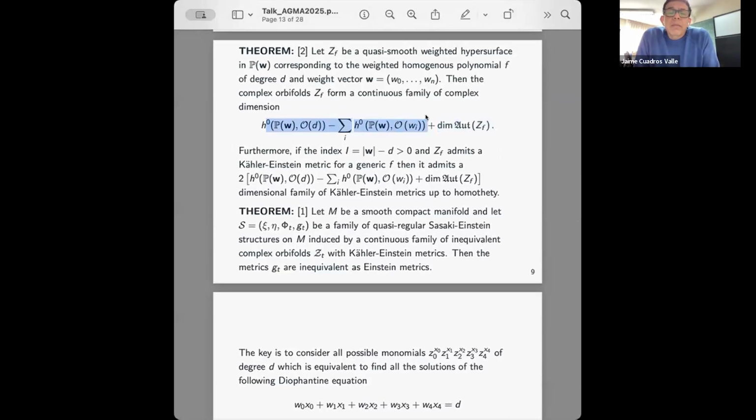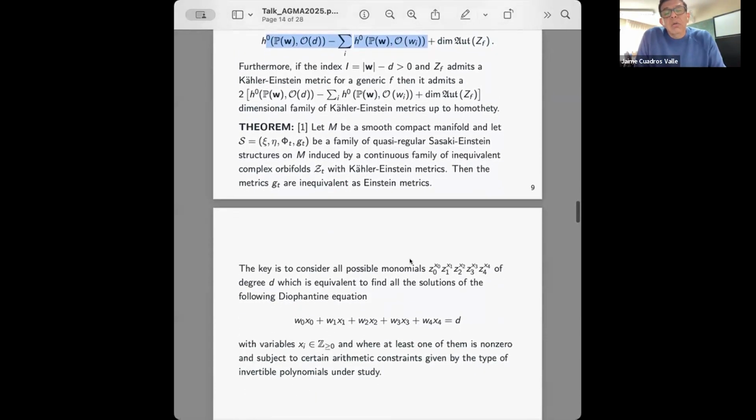So for that matter, we have to basically count monomials of the possible deformation for the polynomials. So the key is to consider monomials of this type, of course, with the exponents being integers.